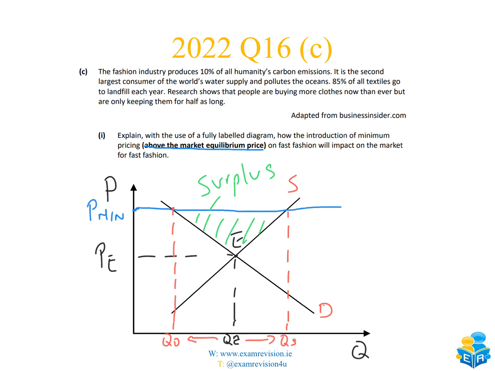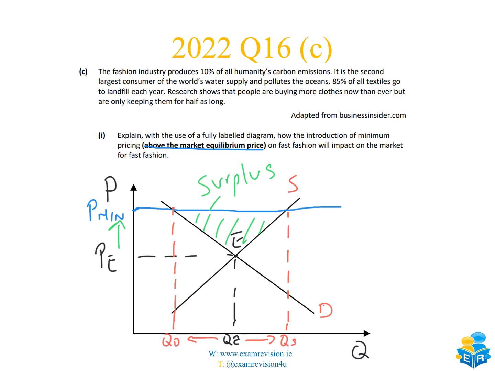Okay, so really what you're looking at then in your explanation is you're going to say the effects on price. So through imposing that minimum price on the products, the price is legally forced, so it's by law now because it's a minimum price, upwards from PE to P min. Okay, what's the effect on demand?